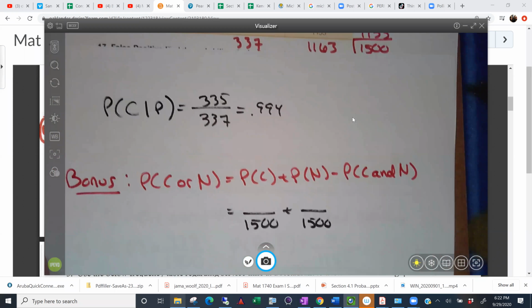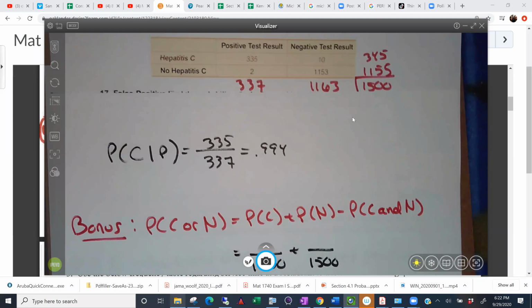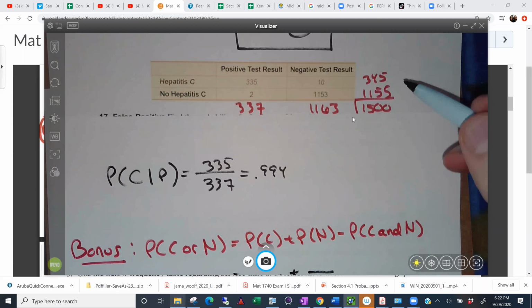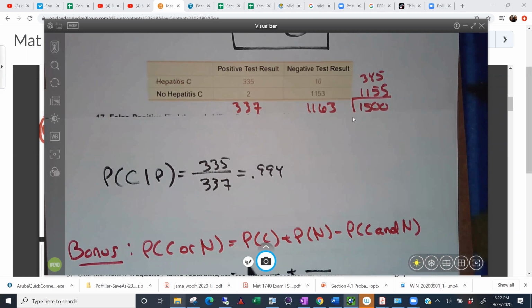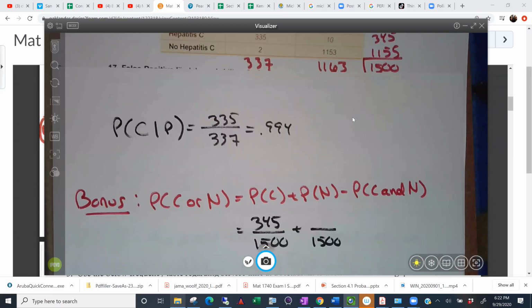For the first part, I want the probability that they have hepatitis C. What's the probability of C? 345 over 1,500. Excellent.